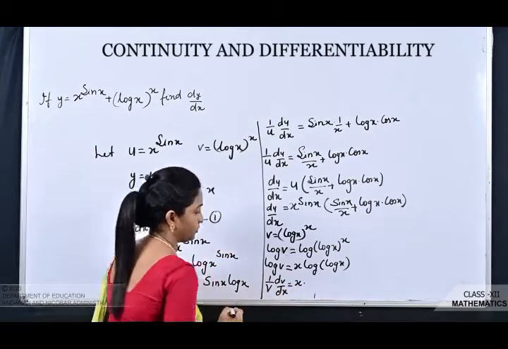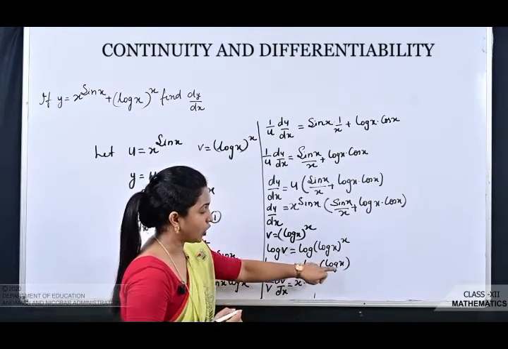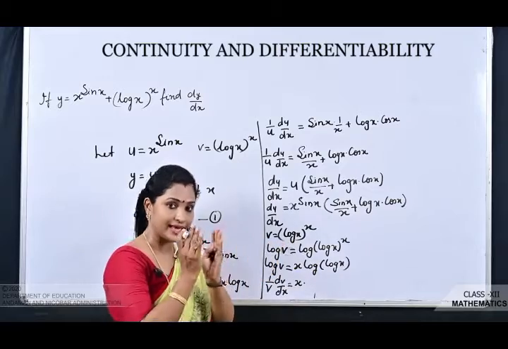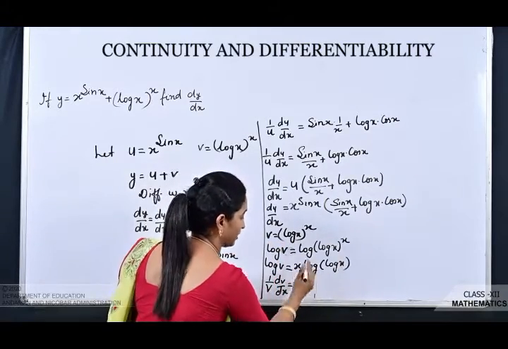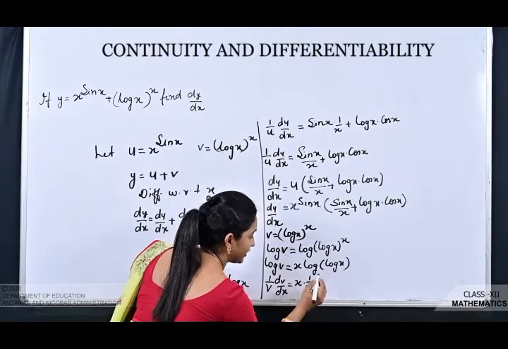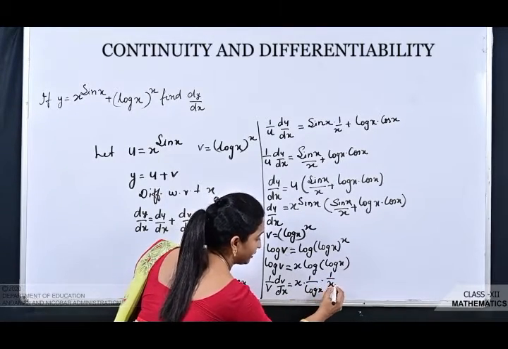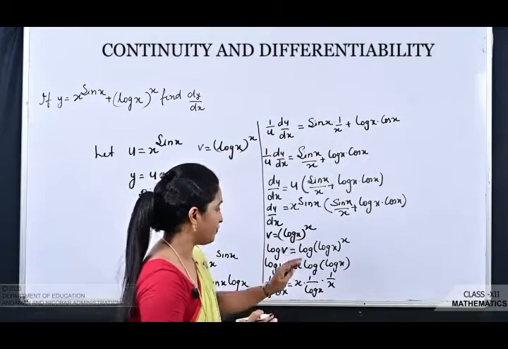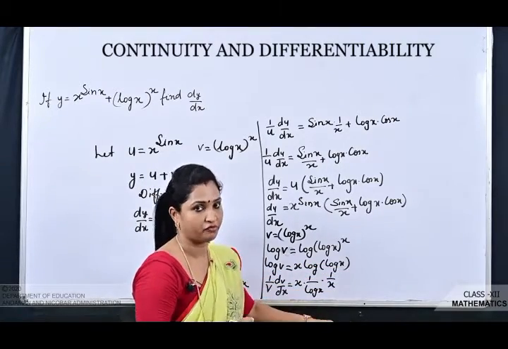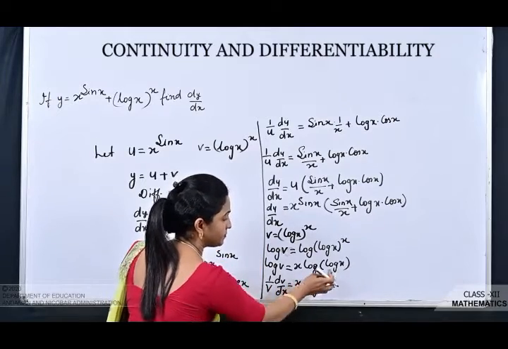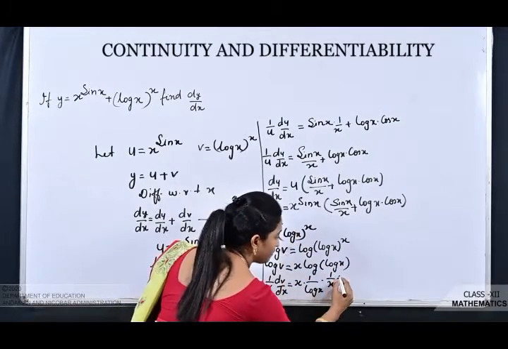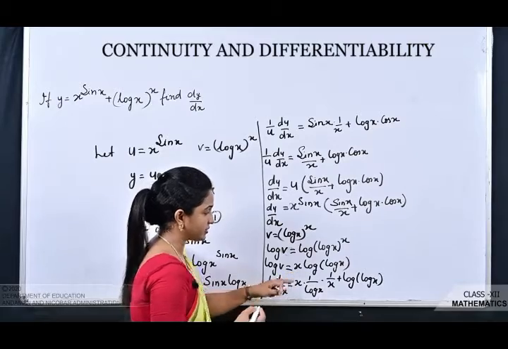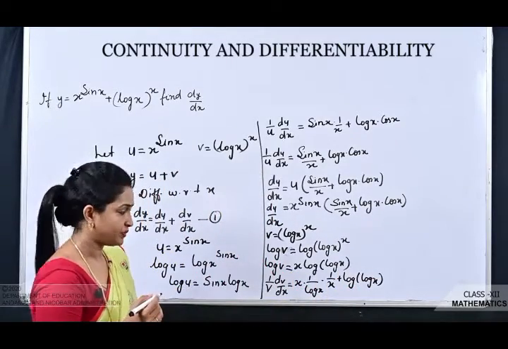So first function x into, when you differentiate log of log x, first you consider log x as a single variable and differentiate log of something, so it is 1 by log x into d by dx of log x, that is 1 by x. I am directly writing it. Since we have done this much already, you can do it directly. If you are not able to do it directly, it is better that you write d by dx for each term and then differentiate. So x into 1 by log x into 1 by x, plus log of log x into the derivative of x, that is 1. I am not writing that there. Clear?